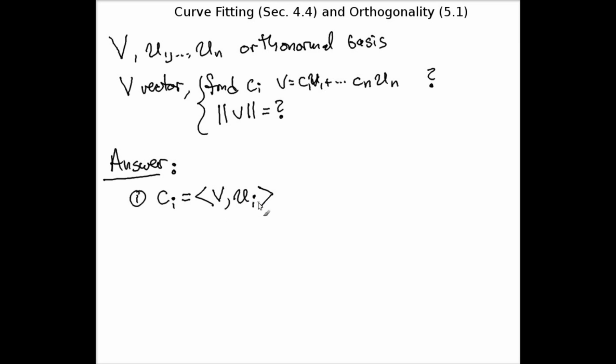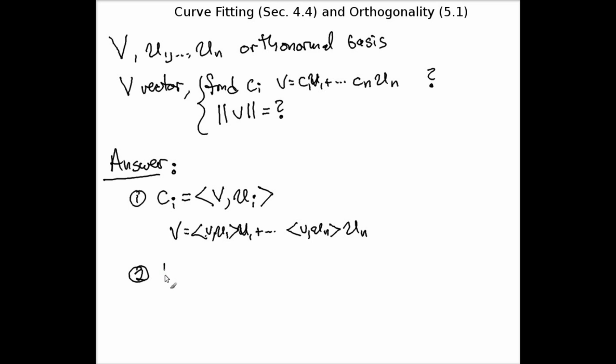Well, you know how to compute their inner product, and then that gives you the CIs, which is to say V is equal to the inner product of V with U1 times U1 plus dot dot dot the inner product of V with UN times UN. V is this particular linear combination of the UIs.